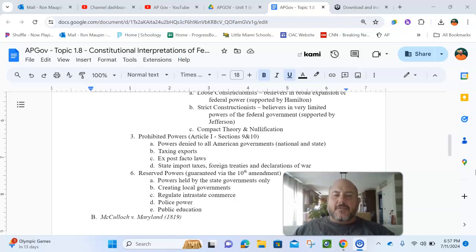So basically what this means is that for any action that you take that is legal at the time, the government cannot then go back later and prosecute you for it, even if that action is made illegal in the future. So let's say, for example, that you're 22 years old and you are legally allowed in the state of Ohio to go buy some beer.